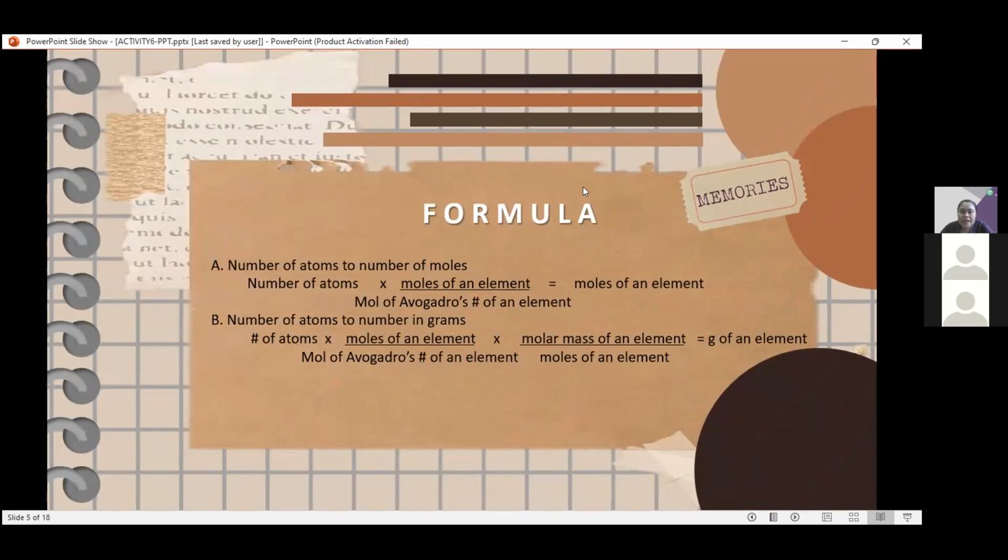That's the time we get, class, the number of moles. But if the number of grams is given, we will be continuing this pattern. After multiplying the number of atoms to the number of atoms per mole, we have to multiply it pa with the atomic weight of the element. Okay? Atomic weight ng ating element.